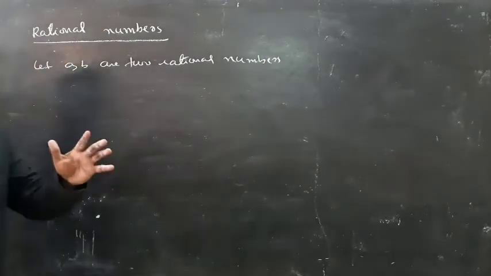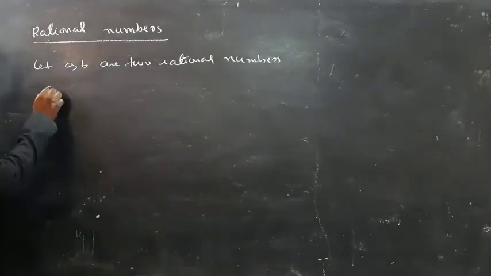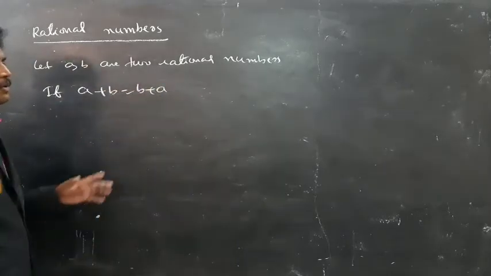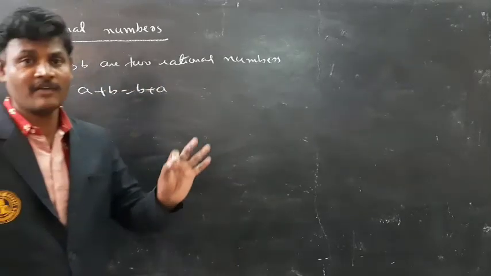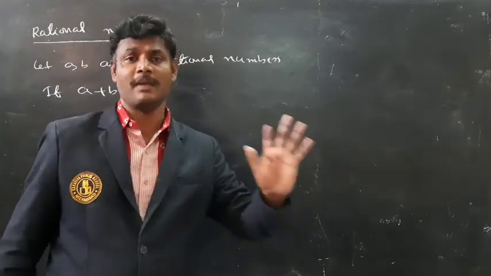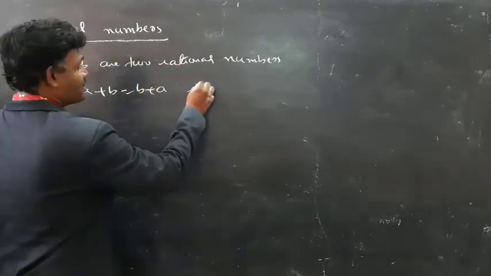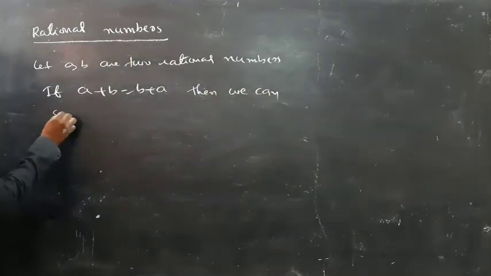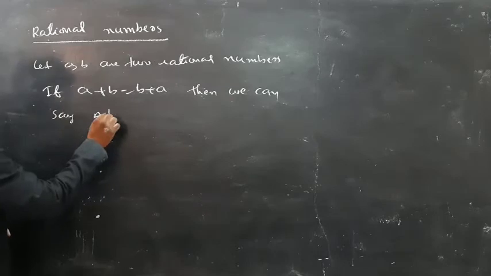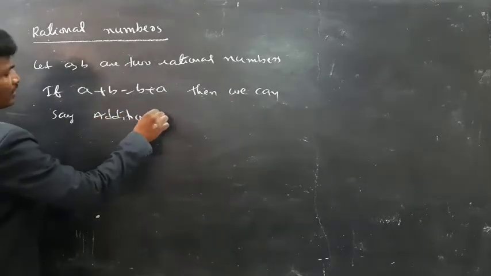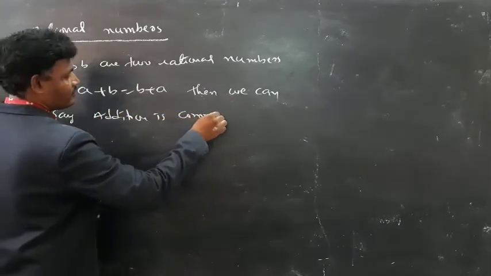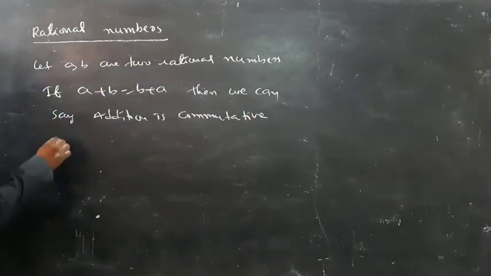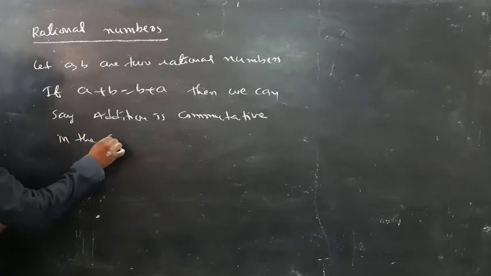If the result of A plus B and B plus A both are equal, then we can say addition is commutative in the set of rational numbers.